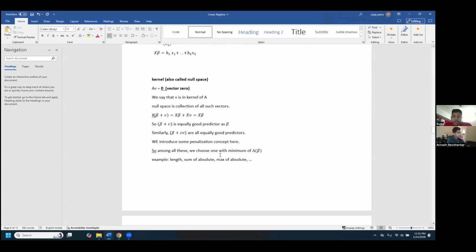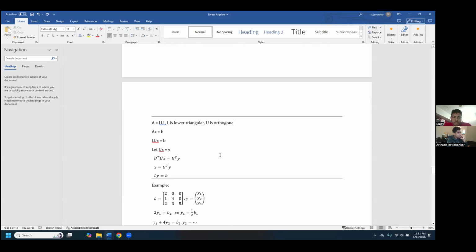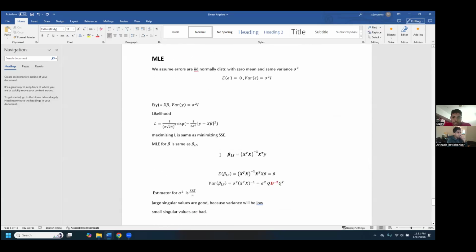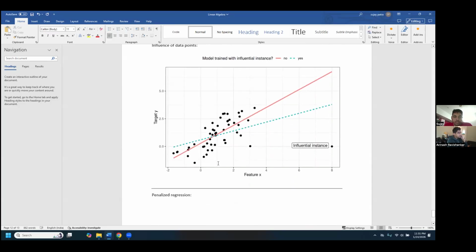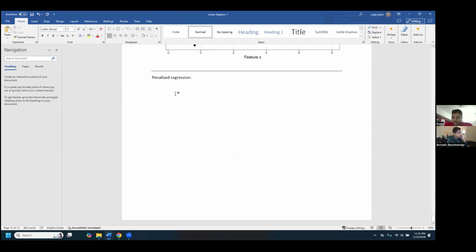The second idea comes from the problem we discussed here, where you have the square of the inverse of singular values, and some of the singular values are small, so the variance is high. So what can we do about it? Both these problems are potentially solved by penalized regression.